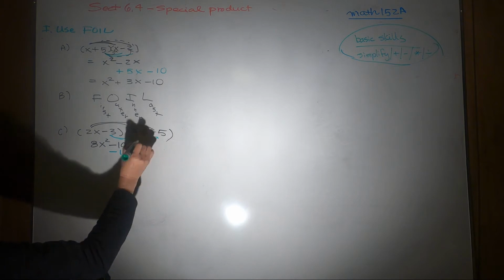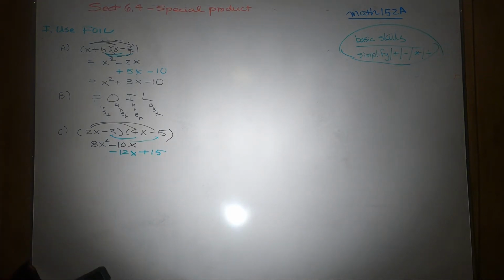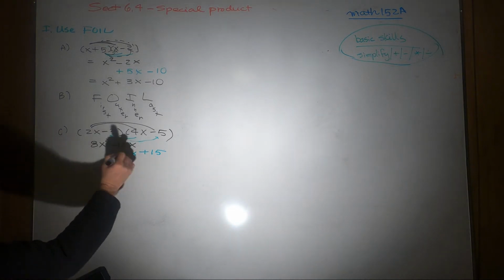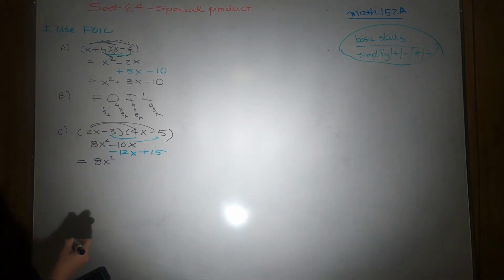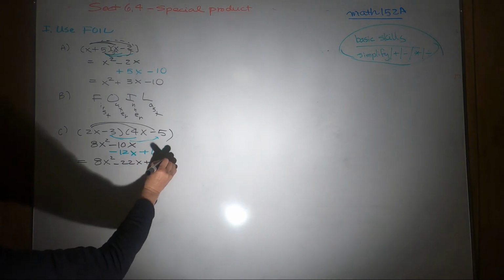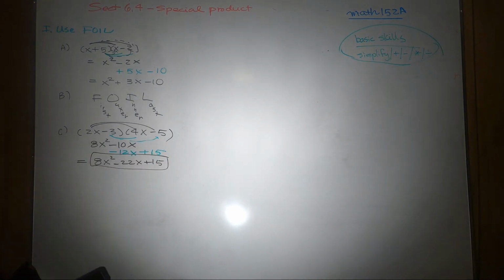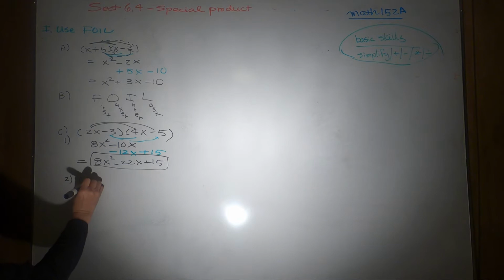Then last is plus 15, right? 4 terms. Then we will combine the like terms. We line them up already. So 8x squared minus 22x plus 15. Right? Straightforward. That's the first one.